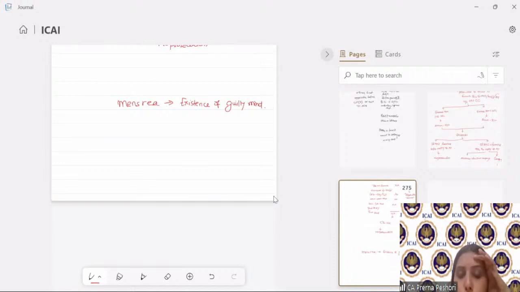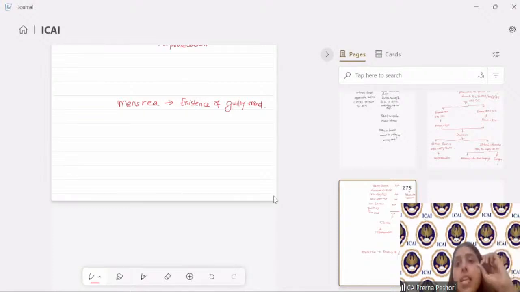So it is presumed in prosecution cases that the person who has committed an offense had the willingness to commit that offense. The court will presume that the person had that guilty mental state, and it will be for that person to prove that he had no such intention to commit the offense.